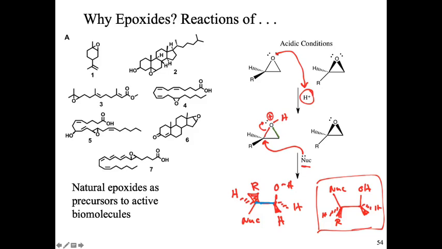Can that happen? If you know the mechanism, no, it cannot happen. If you don't know the mechanism and all you've memorized is that they add to more or less substituted, you also encounter problems. Okay, makes sense? So there's tons of ways the epoxide reaction can be made confusing.